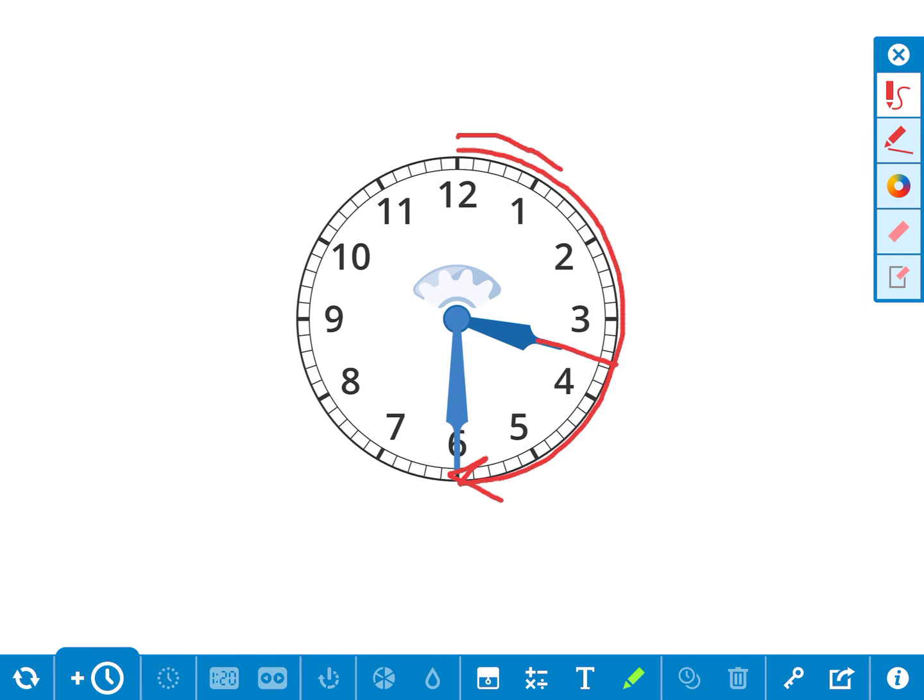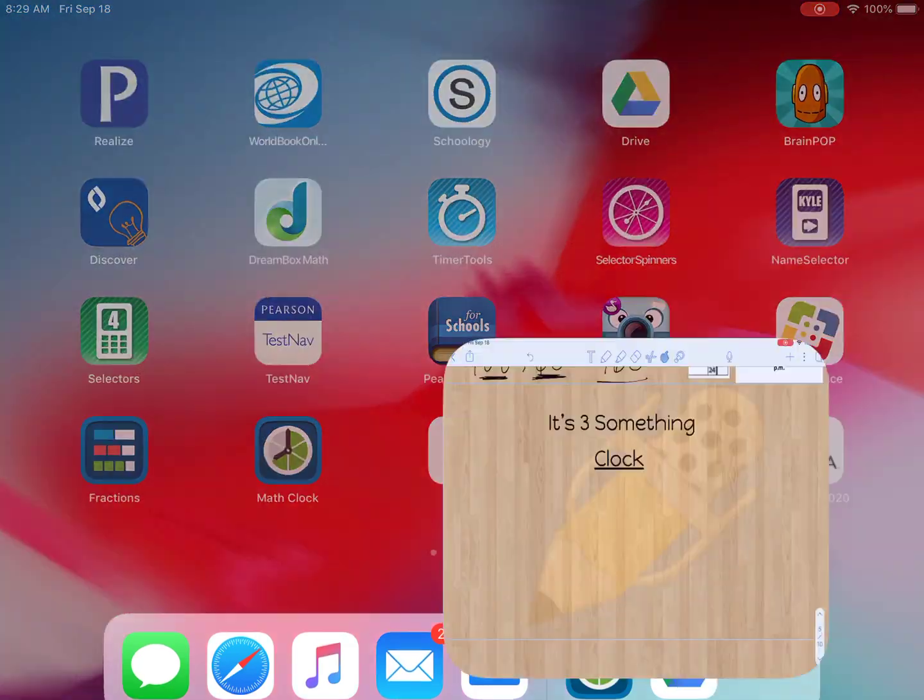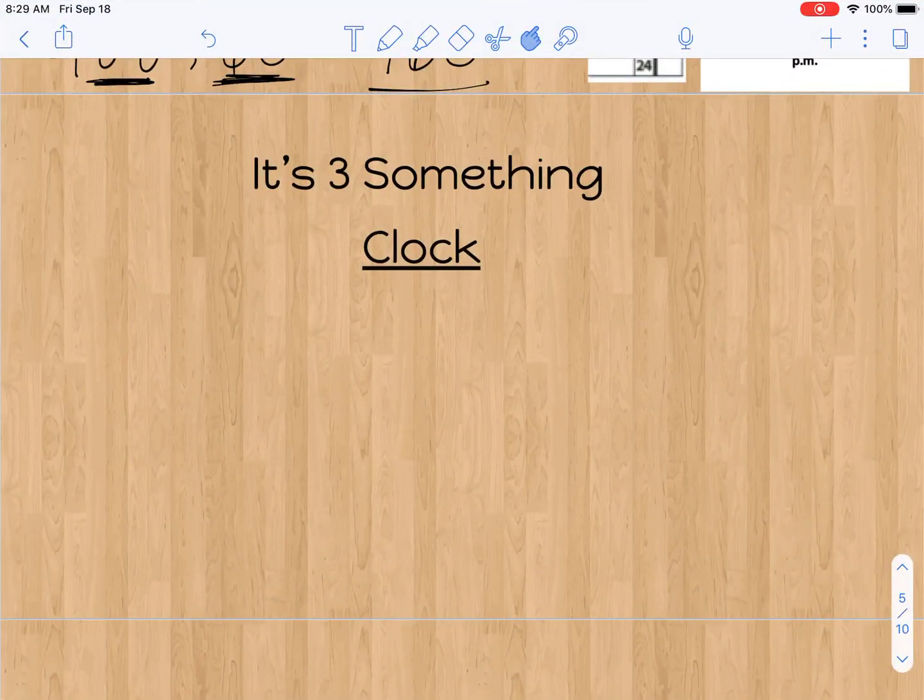We have 5, 10, 15, 20, 25, 30. So on this clock, it is 3:30 on this clock.